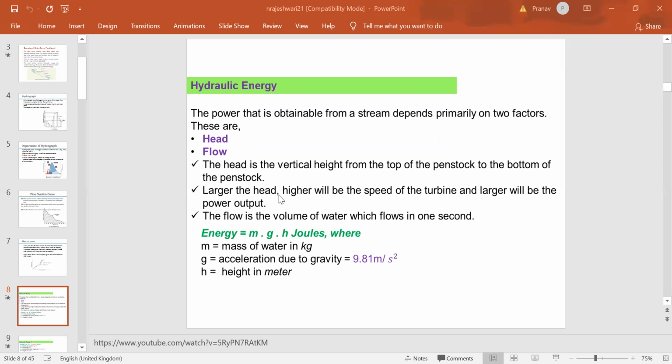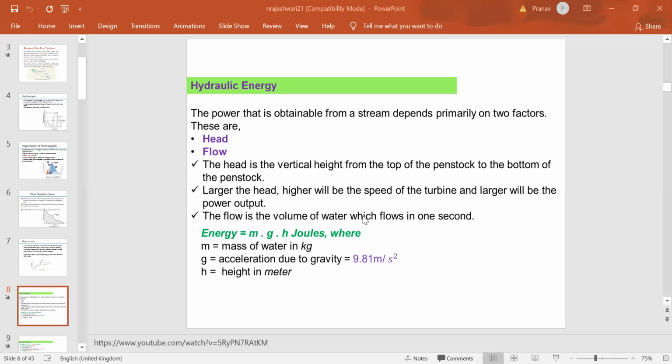The larger the head, the higher will be the speed of the turbine, and the larger will be the power output. So if we take high heads or larger heads, then higher will be the speed of the turbine, so that larger will be the power output we will get. And the flow is the volume of the water which flows in 1 second.